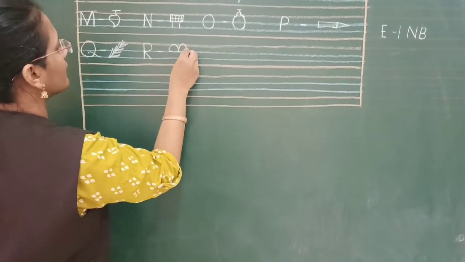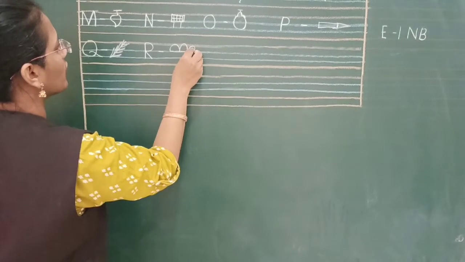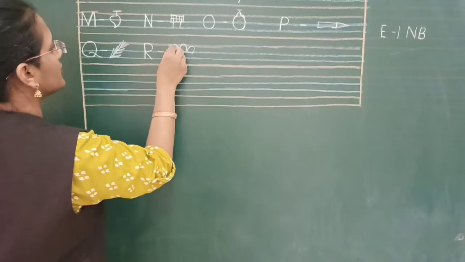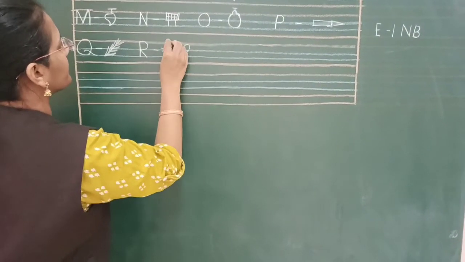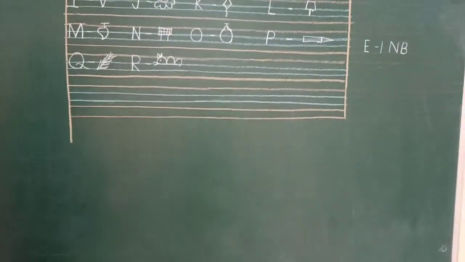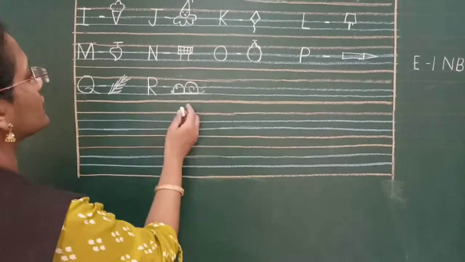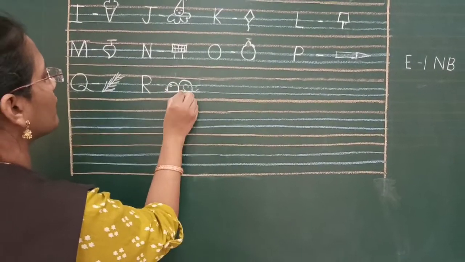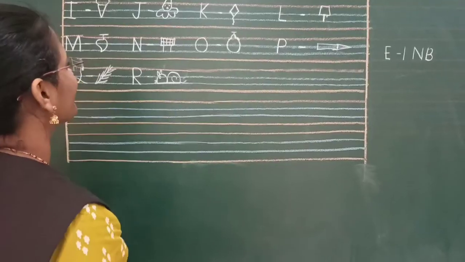Okay, and this very simple way to draw this rabbit. So like this we will draw R for rabbit.